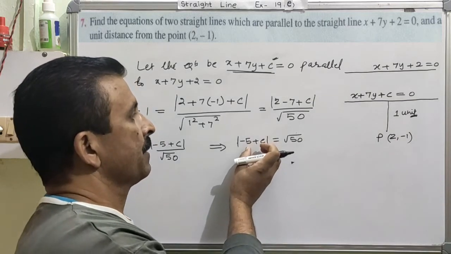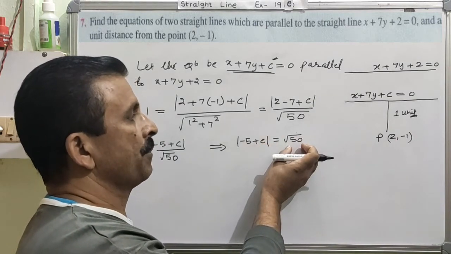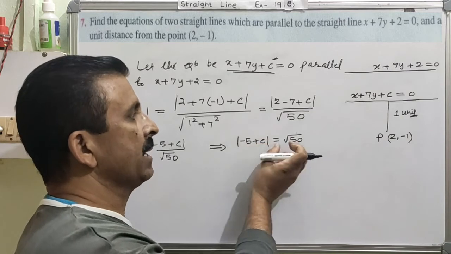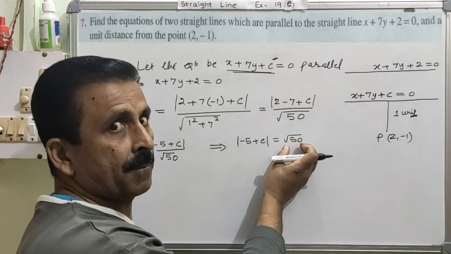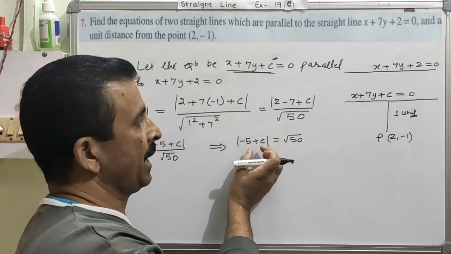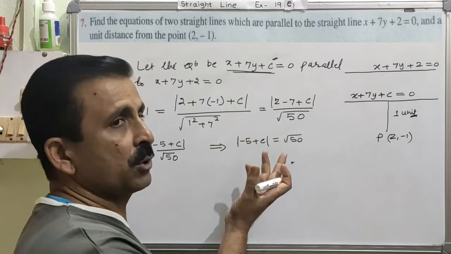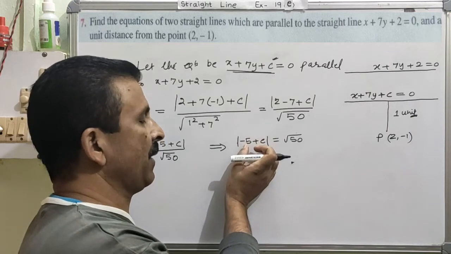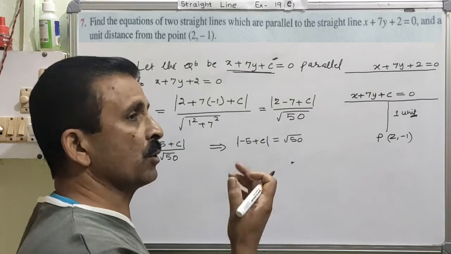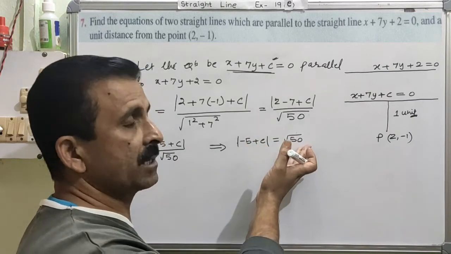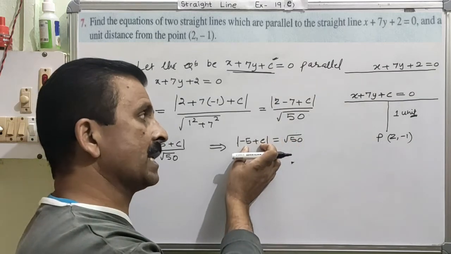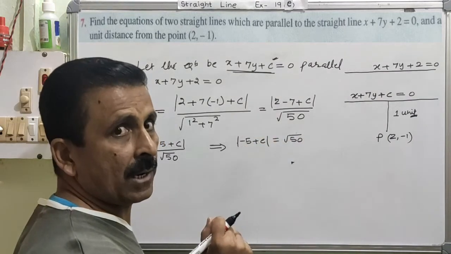So now this is equal to this one. This minus 5 plus C is equal to root 50, given, right? Now this minus 5 plus C, whether it is negative or positive, how do you know? The value of minus 5 plus C could be positive, then it will be this. Or if it is negative, then also it will give you a positive value only.